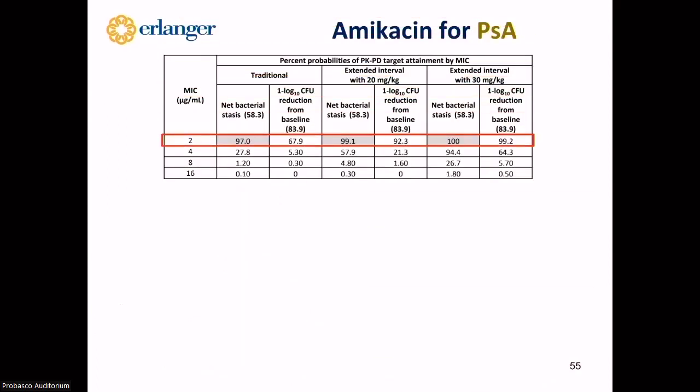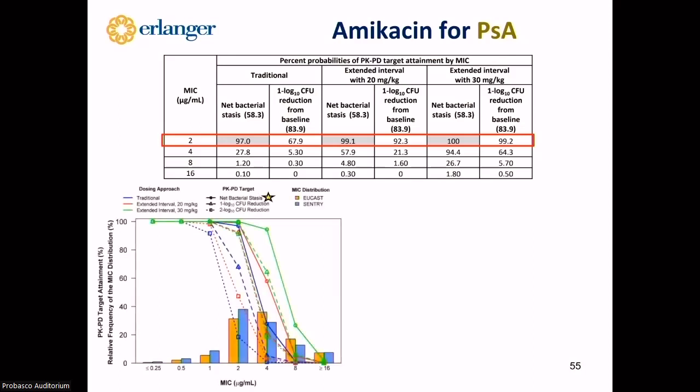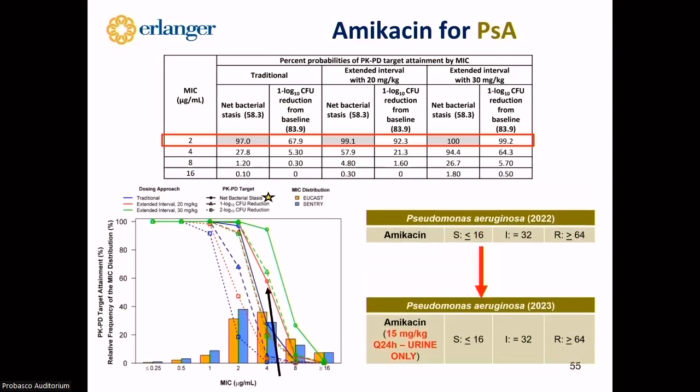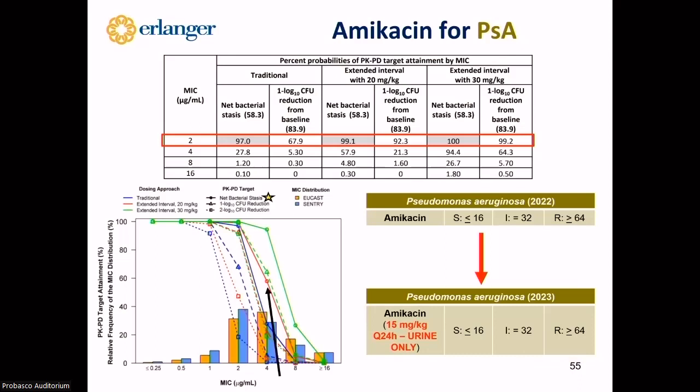For Pseudomonas, it's really the same pattern here. We fall into trouble at an MIC of 4. Unfortunately, a lot of our isolates are at an MIC of 4. And then even more confusingly, the breakpoints weren't updated for Pseudomonas. Now, I looked deeply into this.